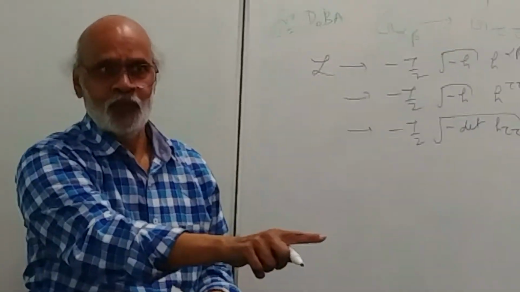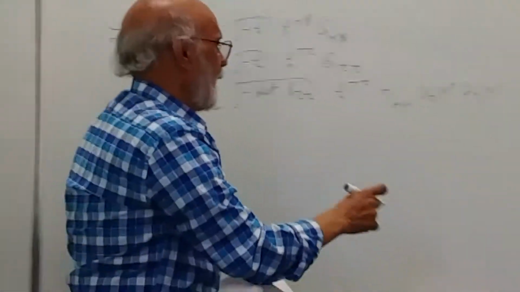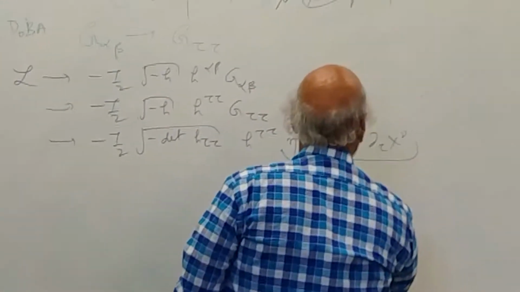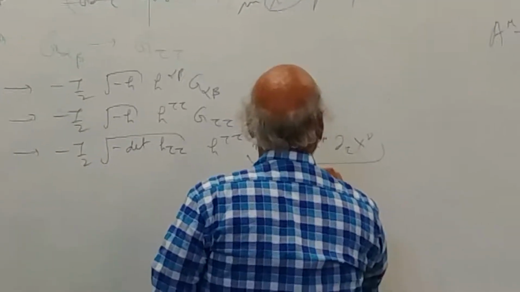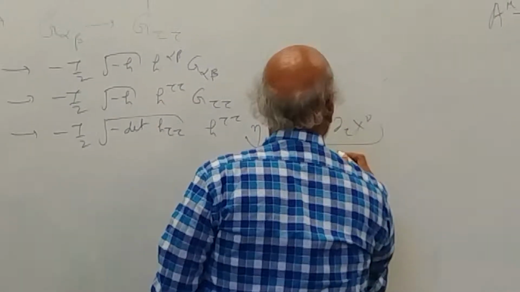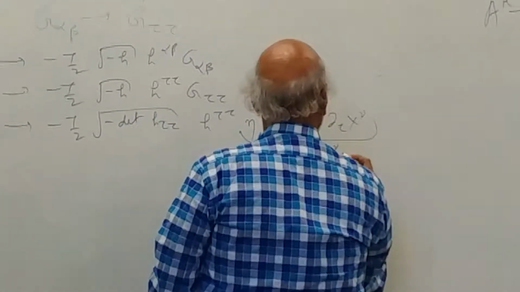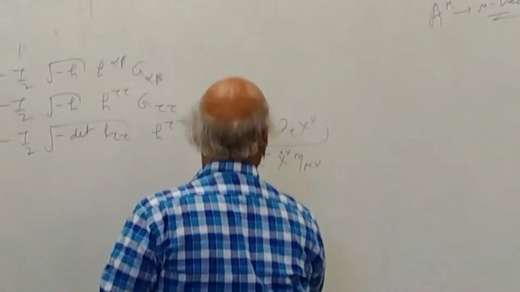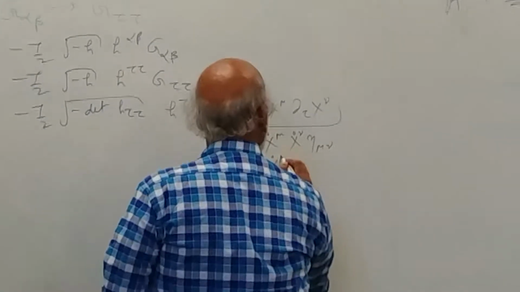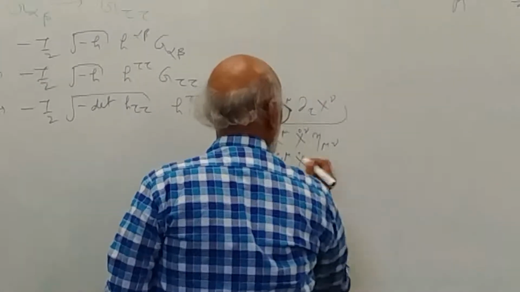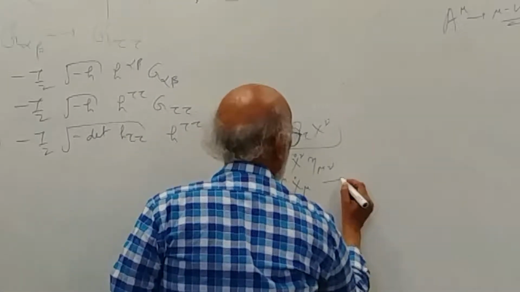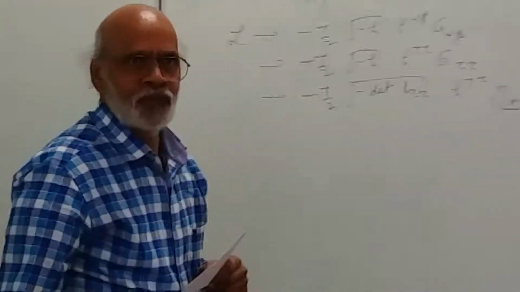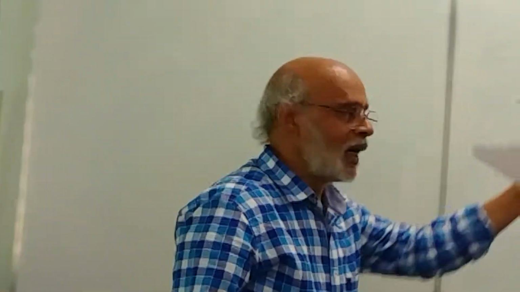G tau tau, okay? And this you can write as x mu dot x nu dot eta mu nu, and this I could write as x dot square, just to identify it.